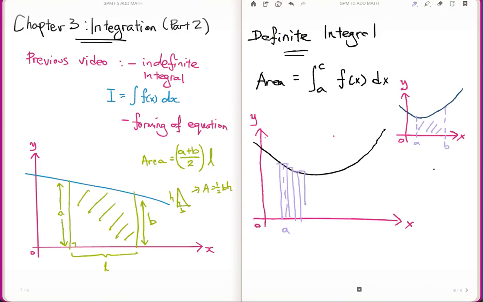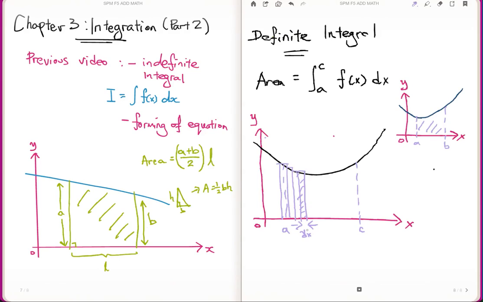Split them into tiny little points from A to C. Then eventually you get the area. So this rectangle will have the same value of... we call this a small change of delta x.